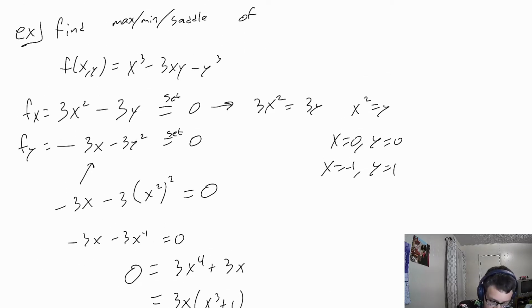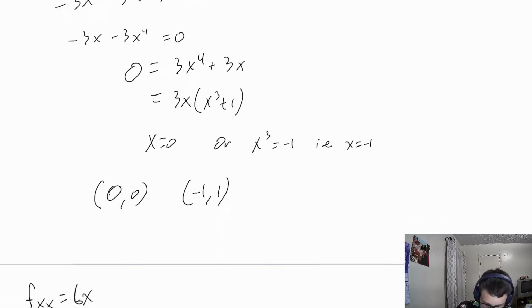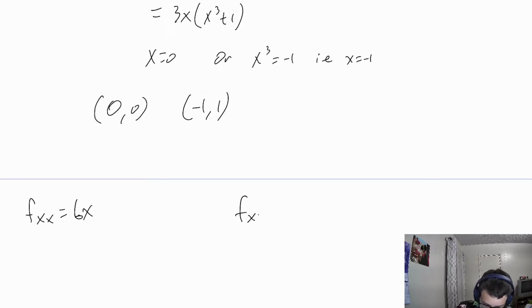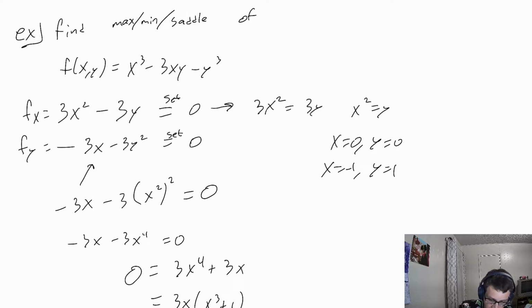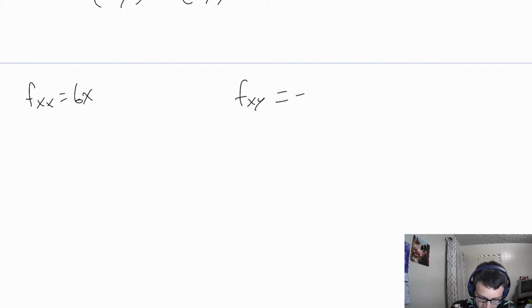And this term doesn't have an x in it, so its derivative goes to 0. To find fxy, we take fx and take the partial derivative with respect to y. So this will become a 0, and this becomes minus 3. So the partial derivative is minus 3.